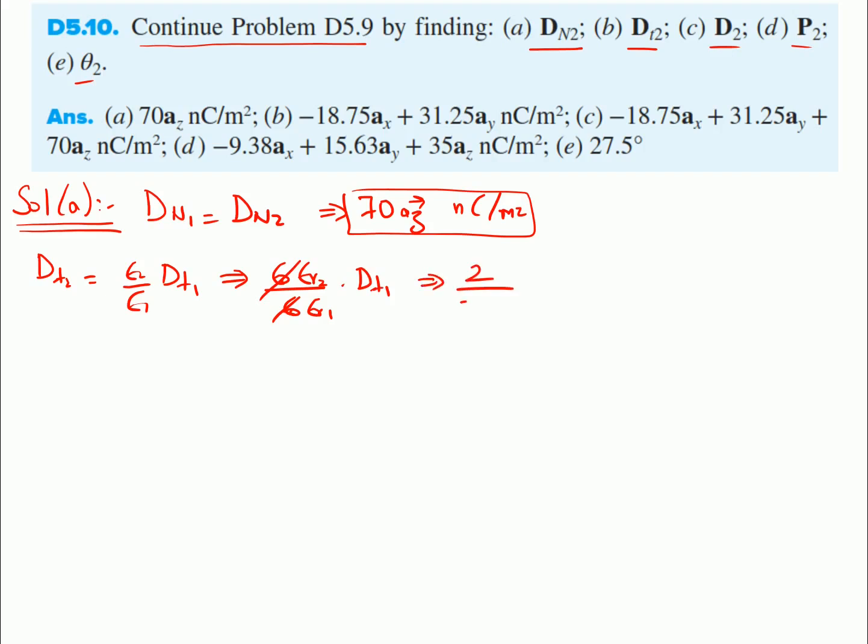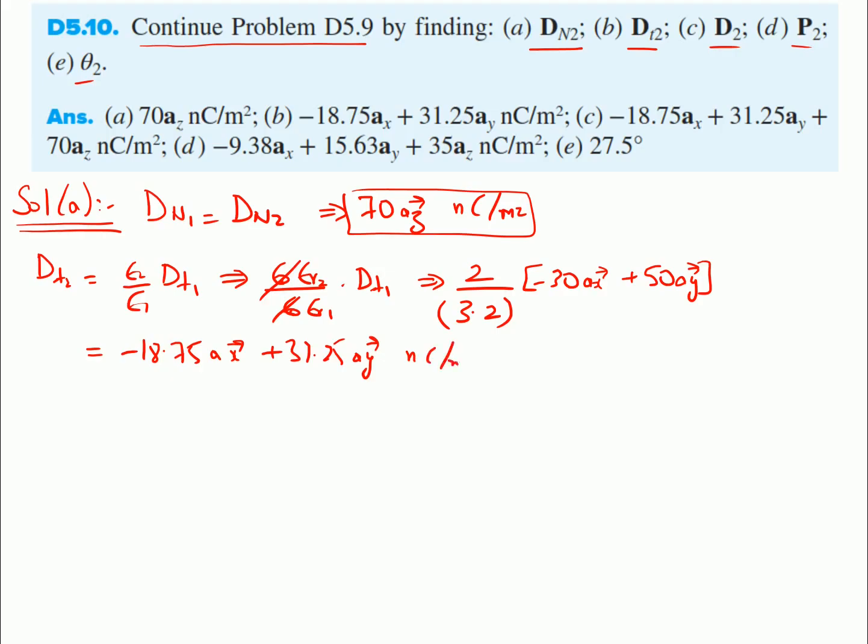It will be 2 divided by 3.2, and the value of D tangential was 30 AX plus 50 AY, and once we solve this, the answer comes out to be minus 18.75 along A of x plus 31.25 along A of y nanocoulomb per meter square. This is the solution to the second part.